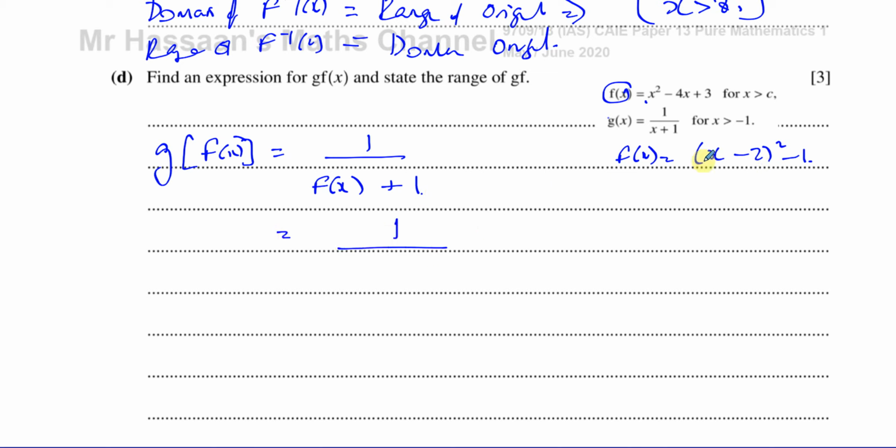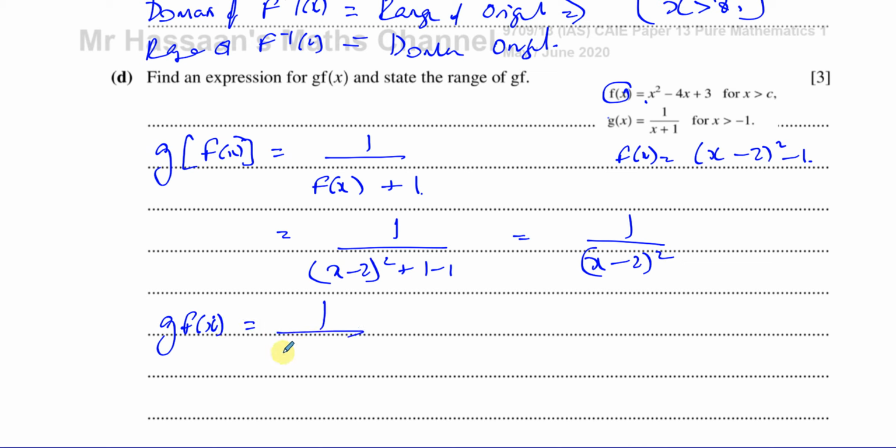So you have 1 over x minus 2 squared minus 1 plus 1, which is going to be 1 over x minus 2 squared. That is the function g of f of x. So g of f of x is equal to 1 over x minus 2 squared.